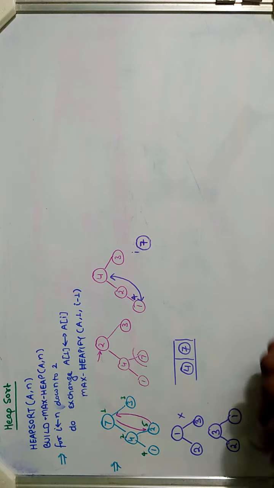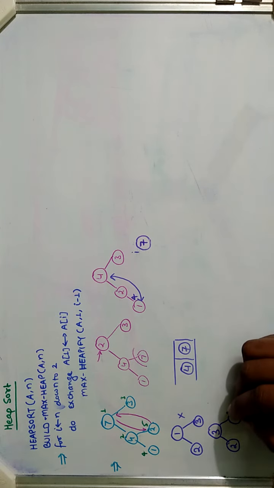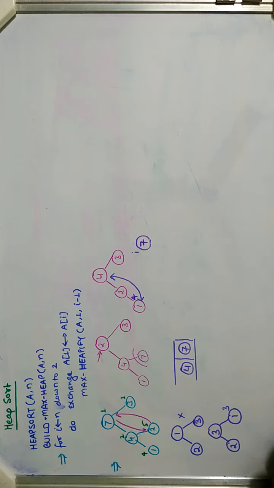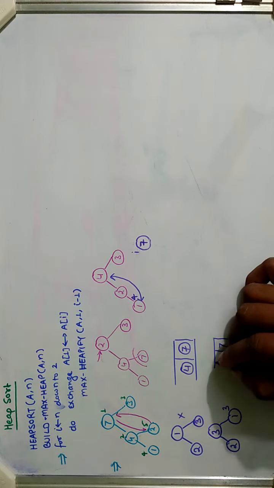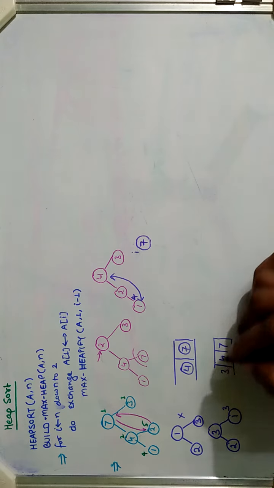Then we apply the for loop on the third index, so again 3 will be at its right position.